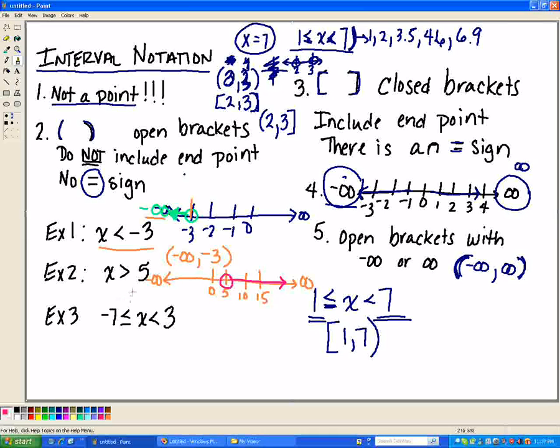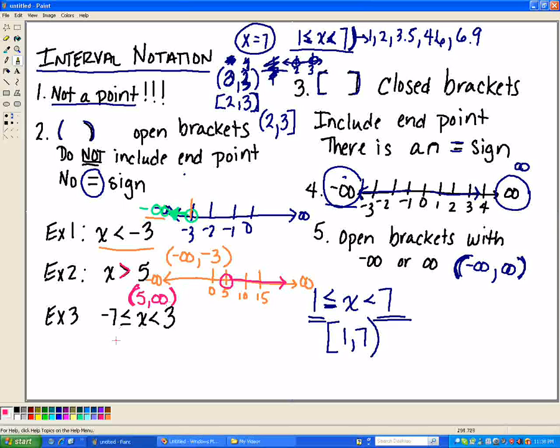To write this in interval notation, what's the smallest value x will ever take on? 5. What's the largest value x will ever take on? Infinity. I want to use an open bracket with my 5 because there's no equal sign, so it's going to be rounded. And I'm going to use a rounded bracket with infinity. Remember, rule number 5, always use a rounded bracket with infinity and negative infinity.